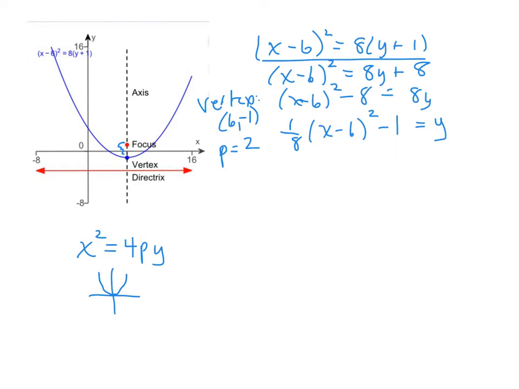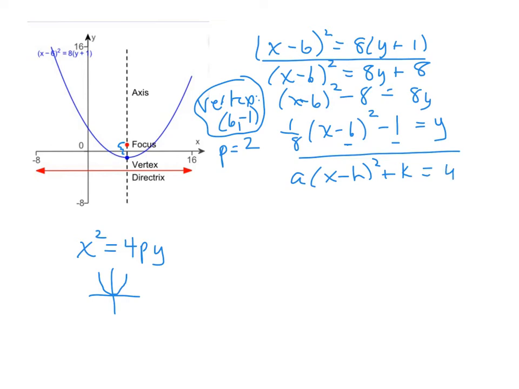So from our previous knowledge of quadratic relationships, we do know that our h is 6 and that our k is negative 1. So that verifies what we see regarding the vertex. And then also, thinking of this as a times x minus h squared plus k form, we see that our a is equal to 1 over 8.